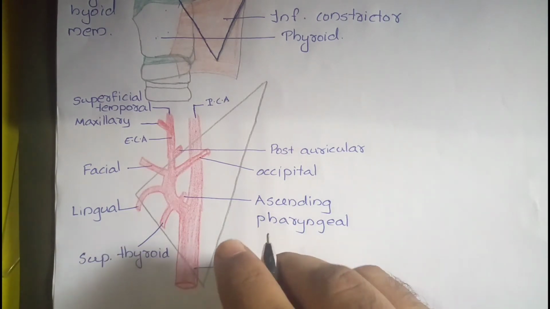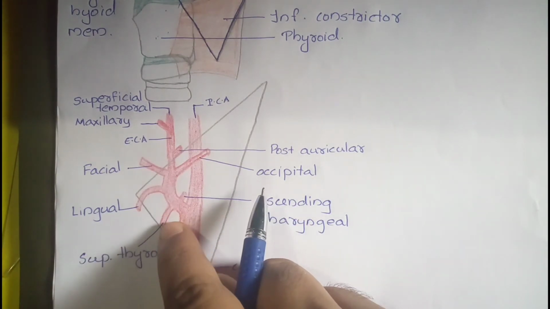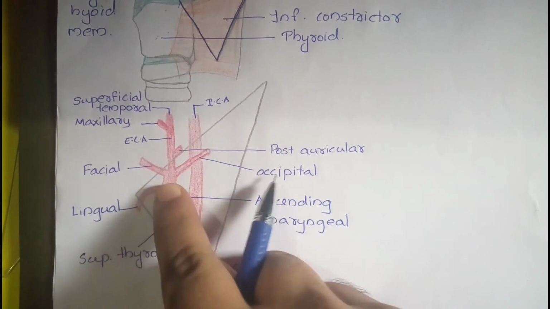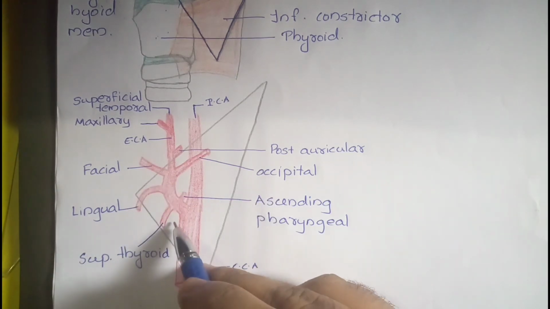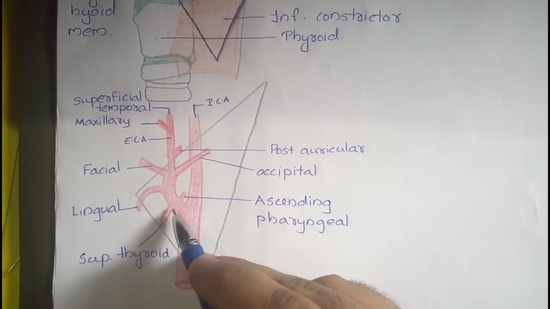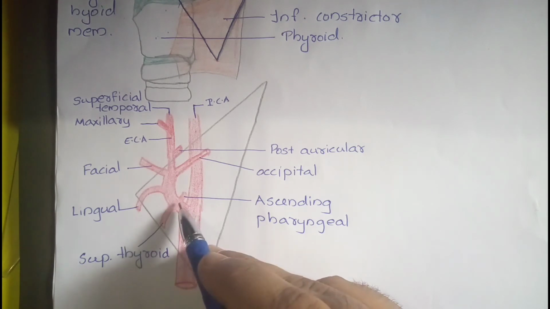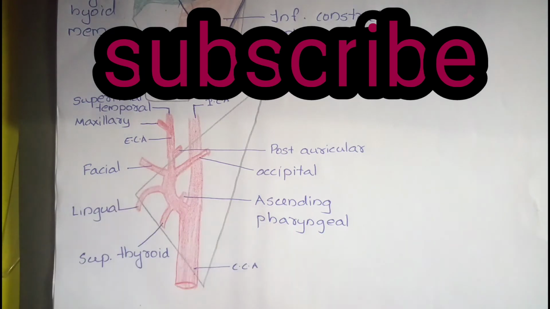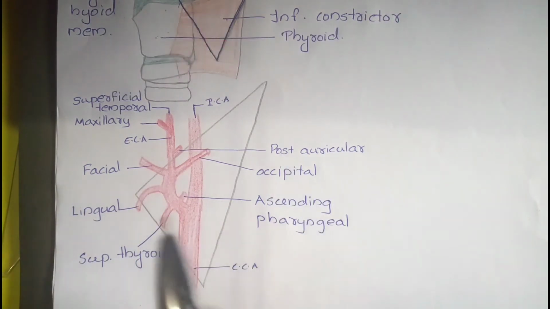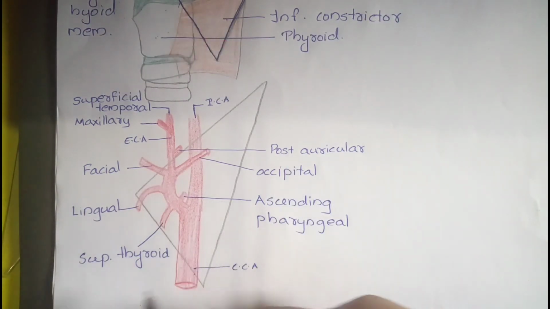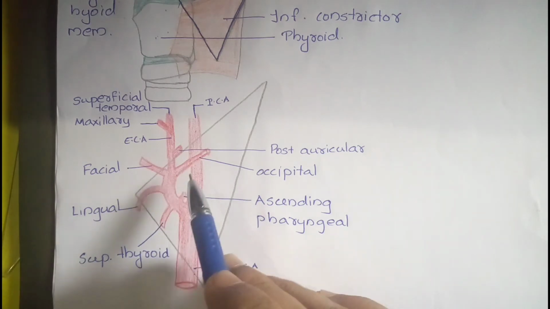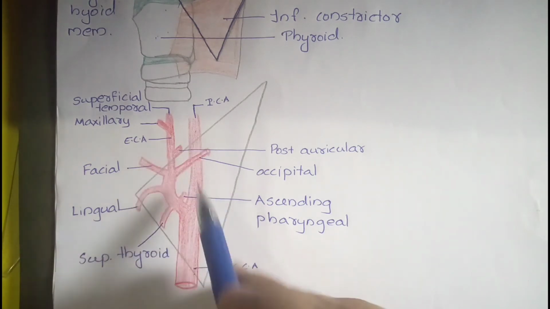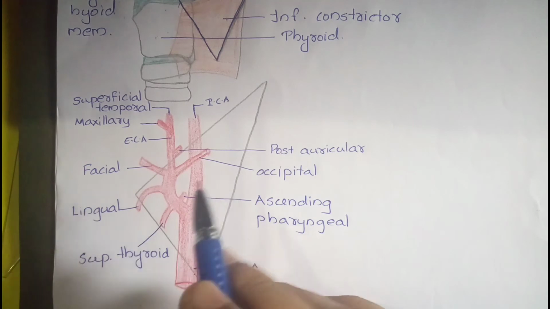These include the superior thyroid, ascending pharyngeal, lingual and occipital branches. There is also the presence of the internal carotid artery in the carotid triangle.